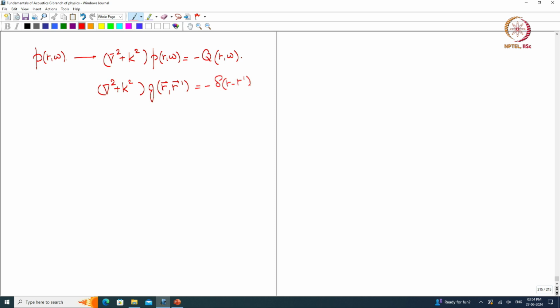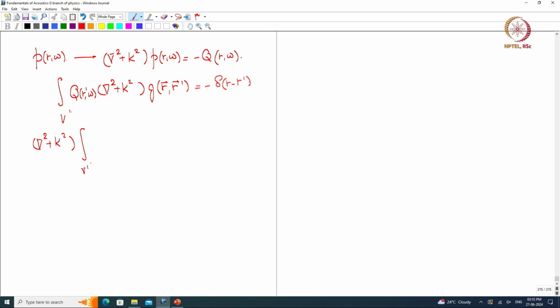If we multiply this by q of r dash comma omega, and we integrate over a volume v dash, so what do we get? We get del square plus k square, integral over a volume v dash.